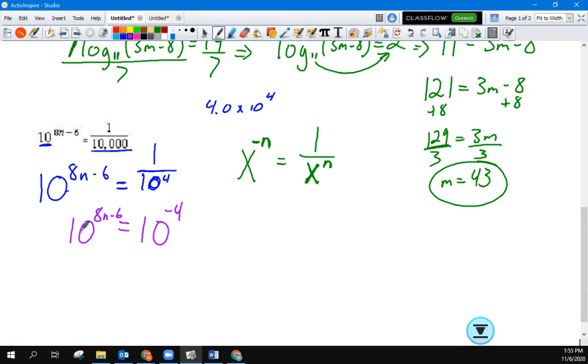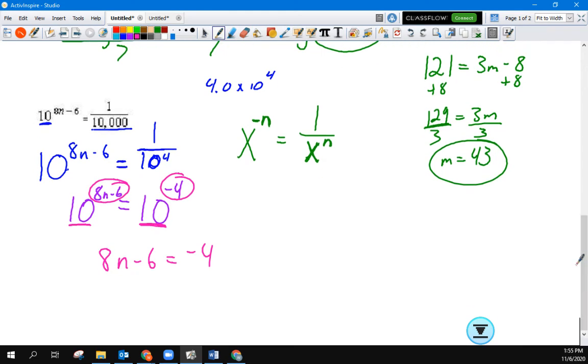So now I can actually use one-to-one functions because my bases are the same. So if my base is the same, that means this has to be equal to that for this statement to be true. So that means that 8n minus 6 has to be equal to -4. So you add 6 to both sides, you get 8n equals 2. Divide both sides by 8, so you get n equals 1/4. And that's my solution.